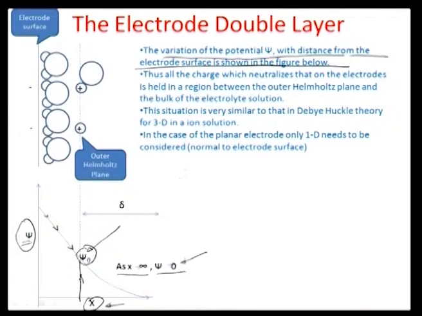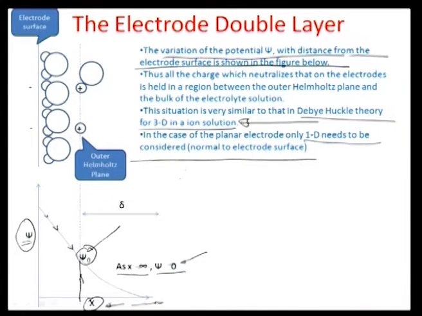So, this calls for the solution of the Debye-Huckel theory, which we did just a few slides back in 3 dimensions for an ion solution, now for a 1D case. 1D is the only dimension of interest from the array of ions on the electrode.